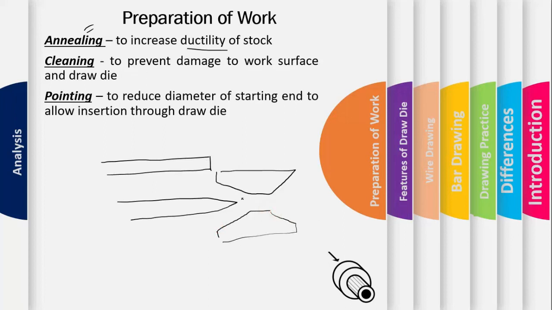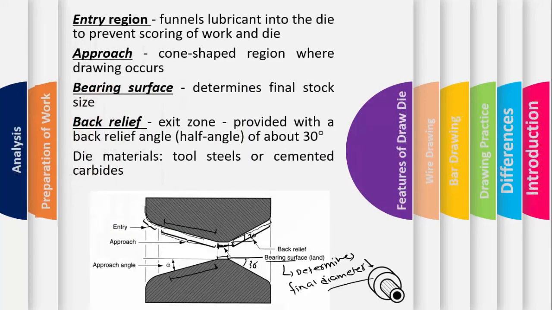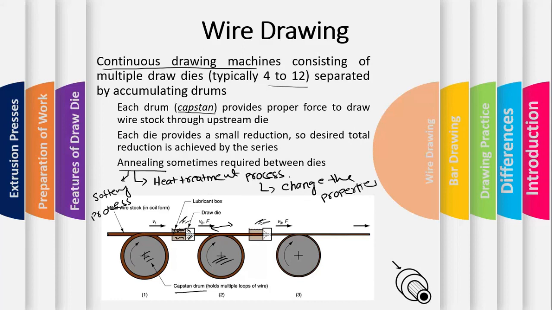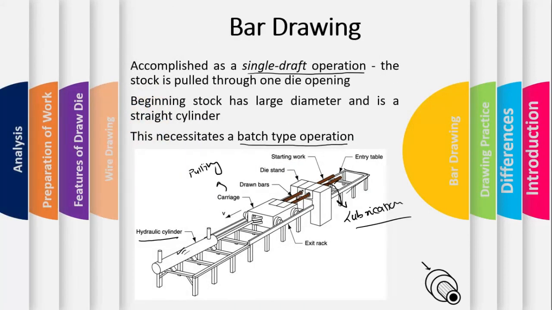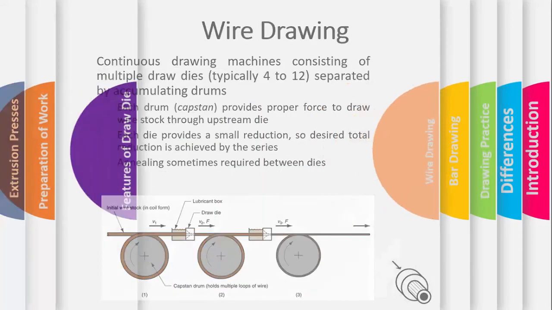If we have it like this one, it will get stuck here, so we create a point so that once it passes here, it can be caught by the carriage and pulled, right, as we have seen in the previous slides of the wire drawing. So we simply make it pointed from the beginning and insert it into the die cavity so that the carriage can easily hold it and apply the tensile force or pull it through the die cavity.